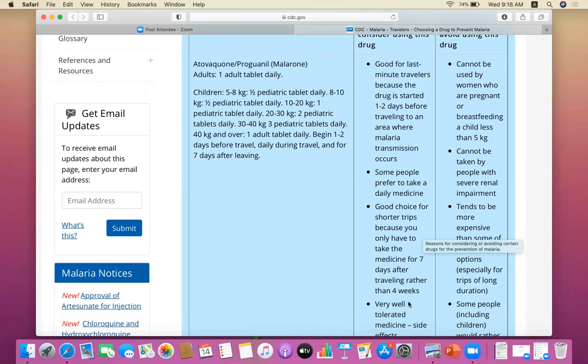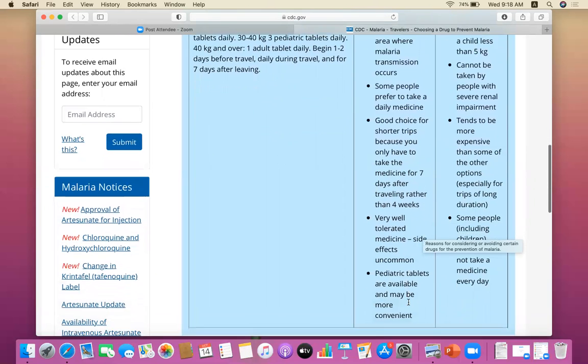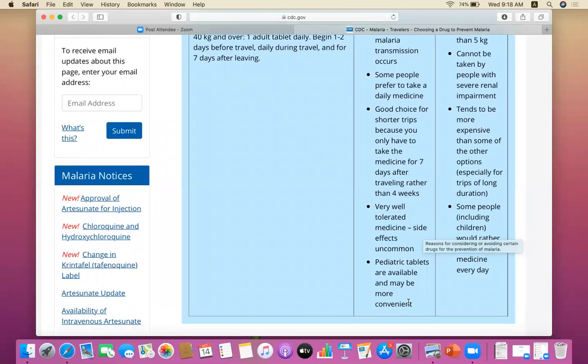No need for 1 month, just 1 week, and you will be protected from malaria transmission. This is a very well tolerated medicine. Side effects are uncommon. Pediatric tablets are available and may be more convenient.